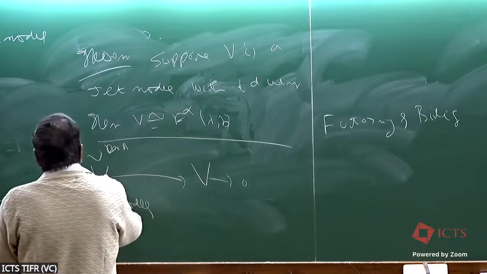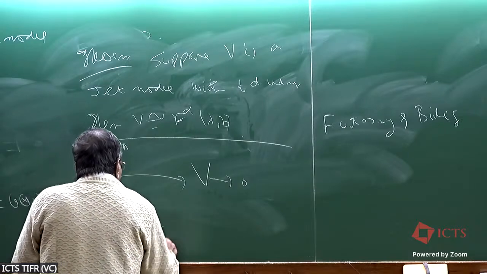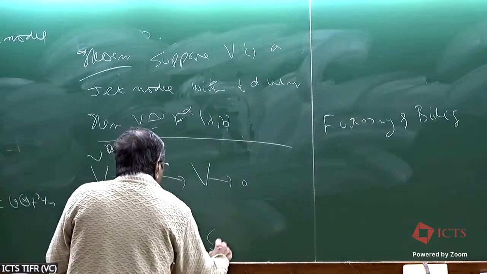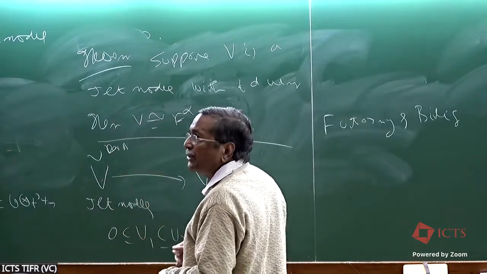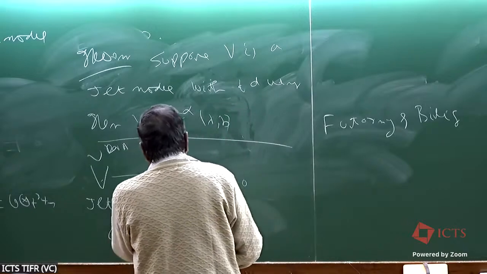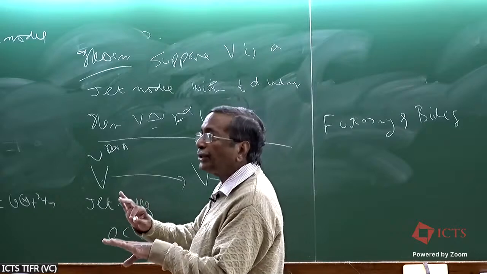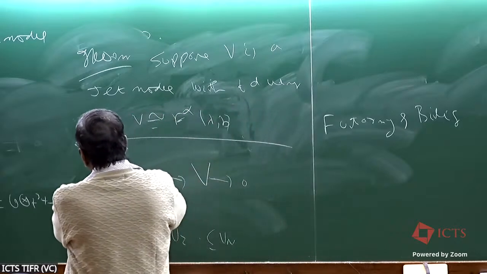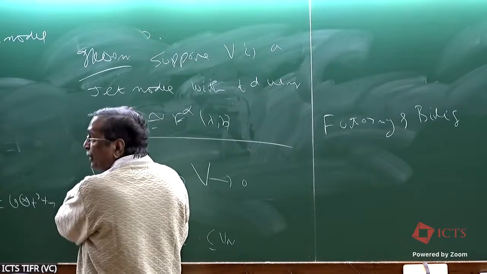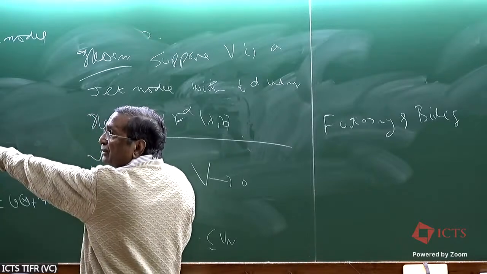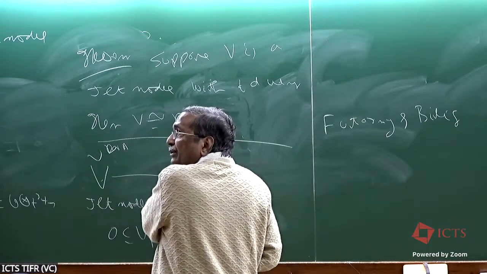See, this V will have something like this, a filtration. The successive quotients are jet modules. So at some point, this gives a non-zero map. In a sense, they proved it's irreducible also. So once it's irreducible jet module, we know what they are. And we know what are its quotients. So problem solved.